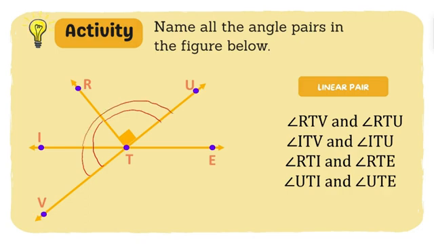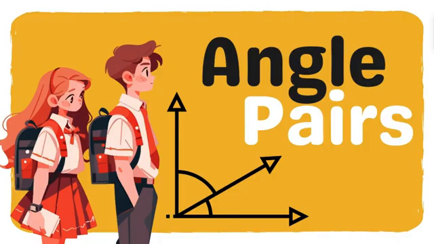Next, angle RTI and angle RTE. Next, angle UTI and angle UTE. Okay? So, yan po lahat yung mga linear pairs natin. At yun na po yung mga examples ng angle pairs natin.